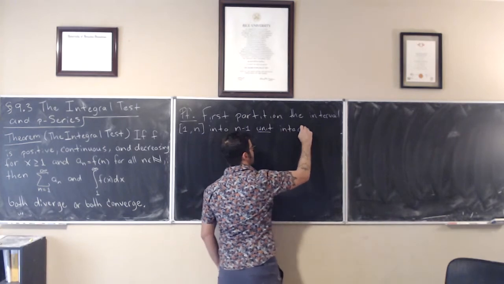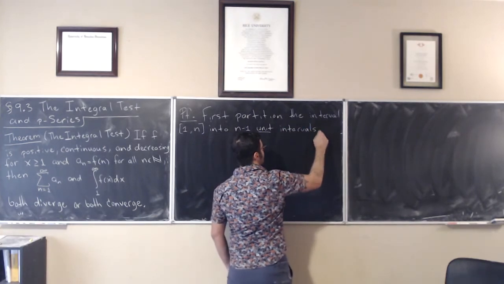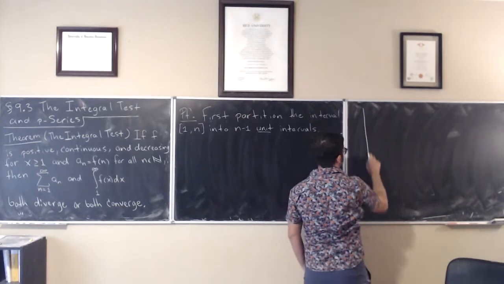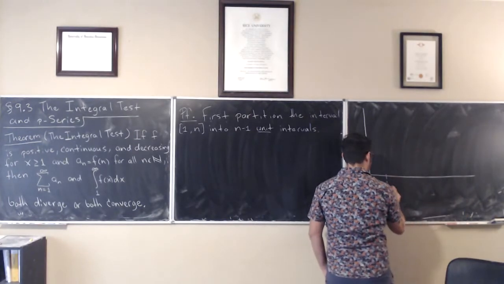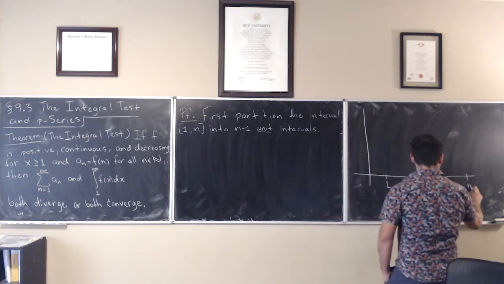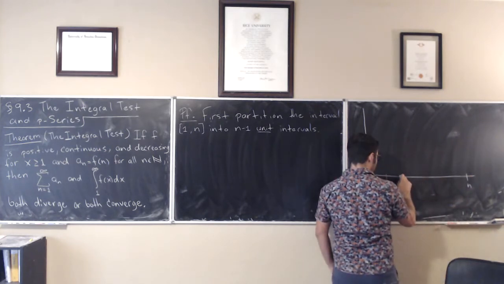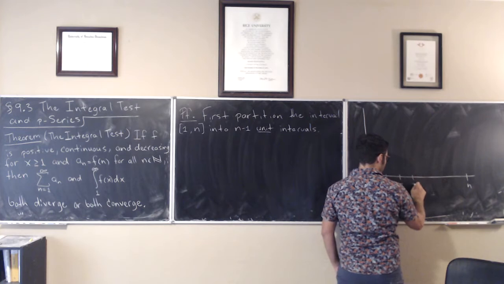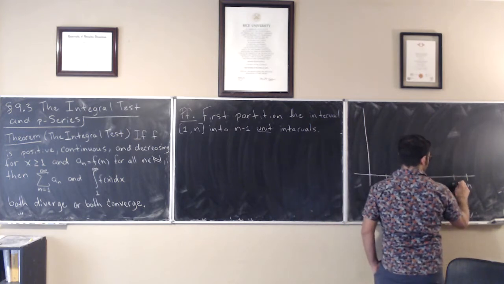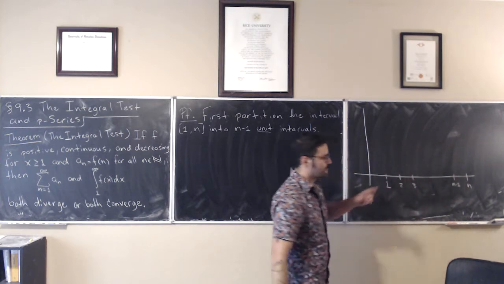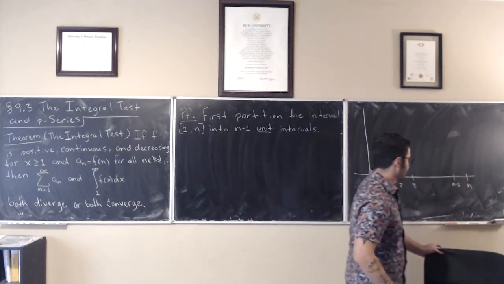All that means is that we're taking 1 through n and partitioning this into n minus 1 intervals of length 1. And you'll see why we're doing that in a moment.